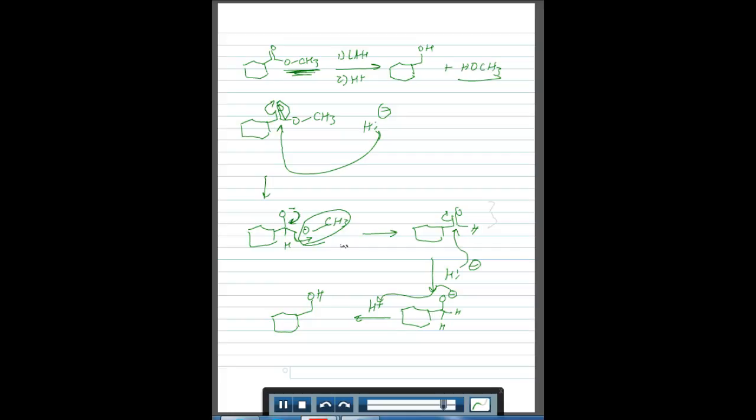And then you form the aldehyde. Then another equivalent of hydride comes in, does the same thing, forms the O negative. This time there's nothing to leave, so you add the acid and it protonates your O negative. Okay? So that's the difference between LAH and sodium borohydride. Just depending on what you have, you can use either one.